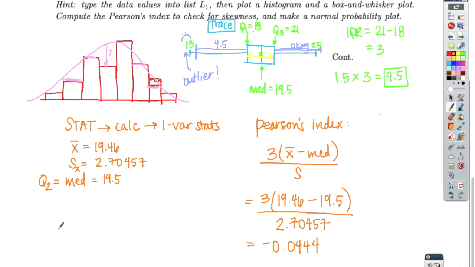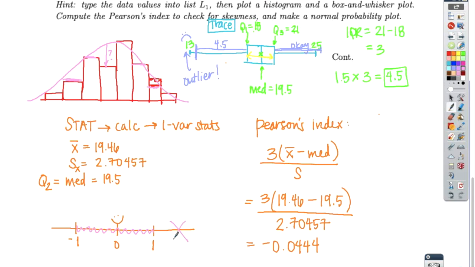But we kind of say, like on the number line, here's 0, here's where we want it to be. But as long as it's somewhere in this range, somewhere between -1 and +1, we'll tolerate anything in this for the Pearson's index.